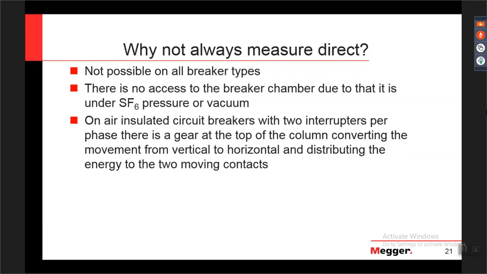Because there is no access to the breaker chamber, due to it being under SF6 pressure, or it can be vacuum or whatever, or GIS. You cannot reach the moving parts inside.